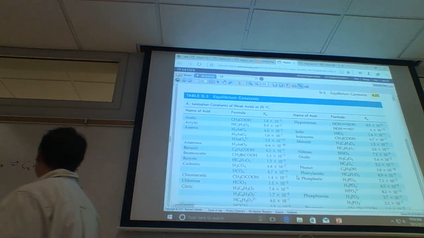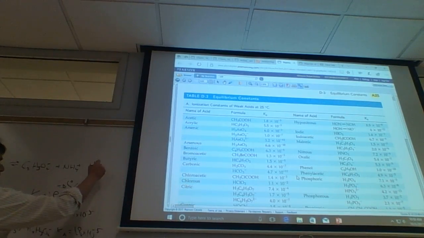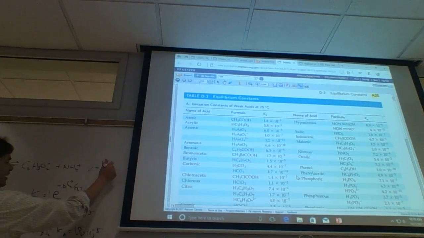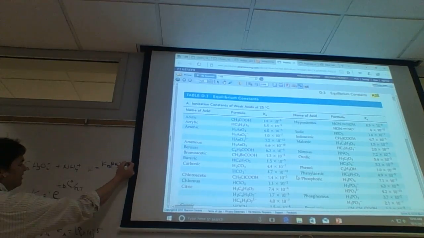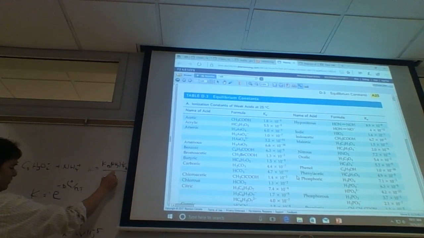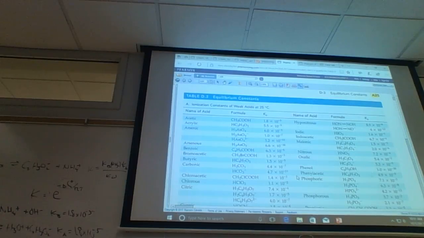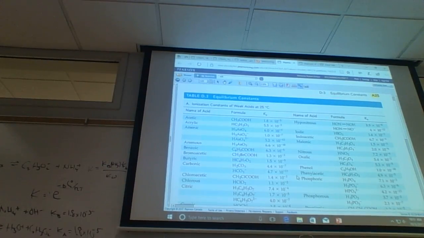I get the equation that I want. And so the K here is going to be Kb of ammonia times Ka for acetic acid divided by Kw. And you can get the number for that.